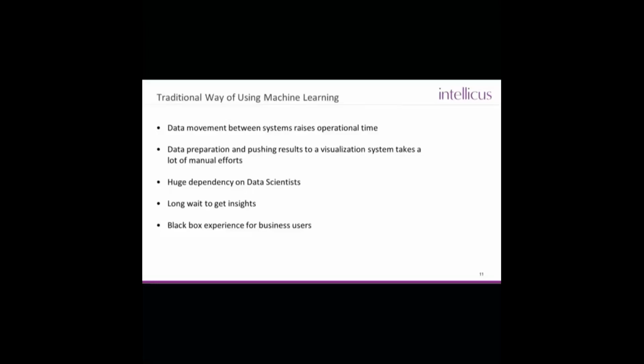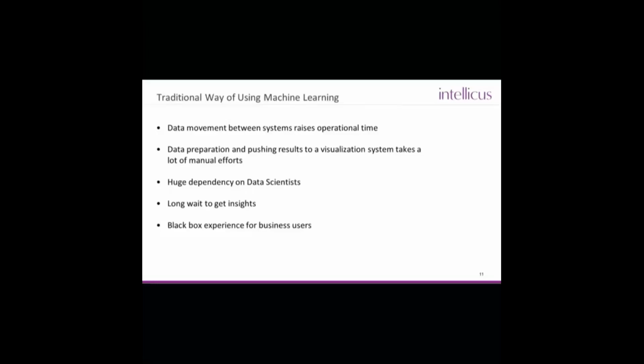More than 50% of their time, in fact, in many cases as high as 80% of their time, is taken up by just preparing the data, doing the ETL, moving the data between the data storages and machine learning systems before even jumping into designing the models and getting the resulting numbers.